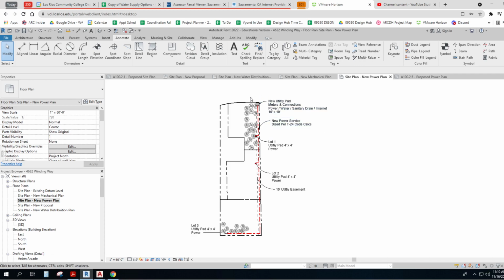So I know that there's power available in the street. There's also, I think, power available from those lines that go by. But I'm going to consider that we want one drop to the front corner of the property.